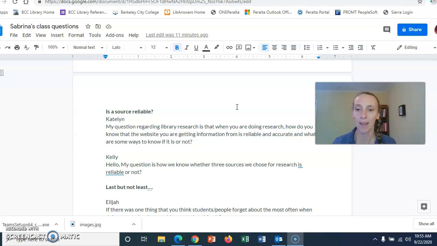Okay, Caitlin and Kelly ask about finding a reliable source. So there's an acronym that I use, which is CRAAP: currency, relevance, accuracy, authority, and purpose.